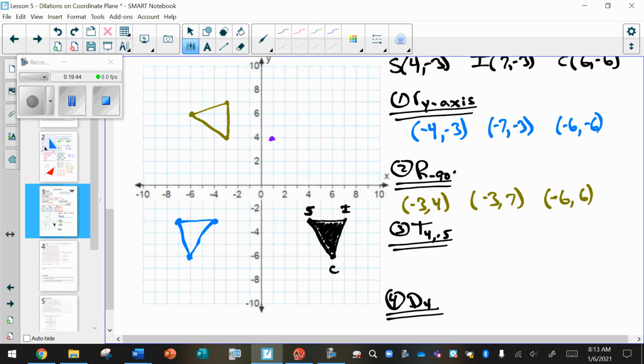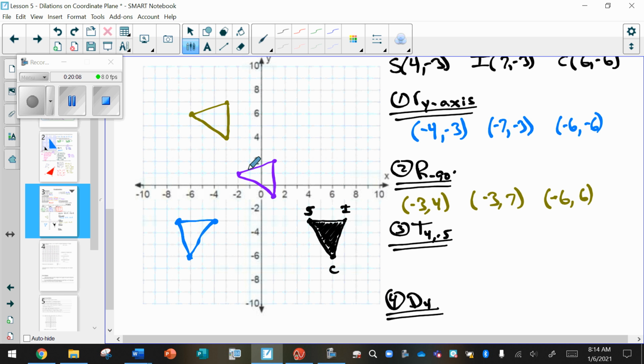And then down 5, 1, 2, 3, 4, 5. We do that for each point. And there's our translated triangle.